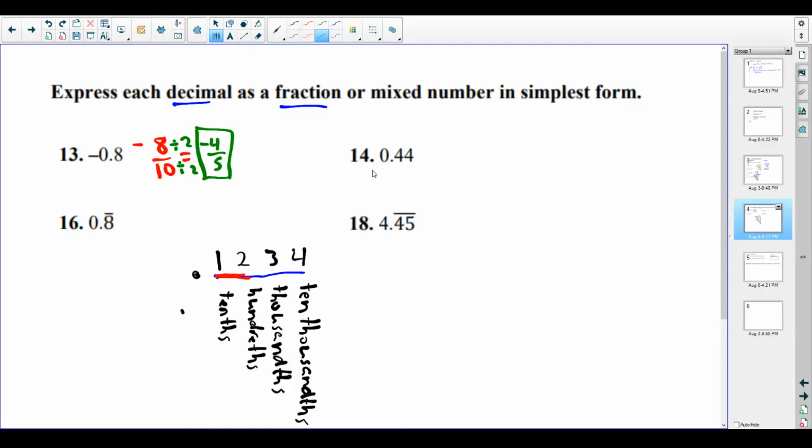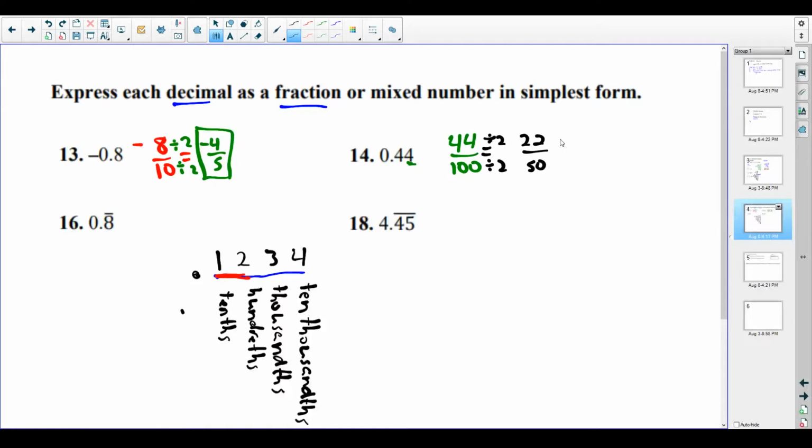Okay. Next one, 0.44. So this one ends in the hundredths place. So this is 44/100. And then again, we can simplify this. They're both even, so I know I can divide by 2. So that gives me 22/50.